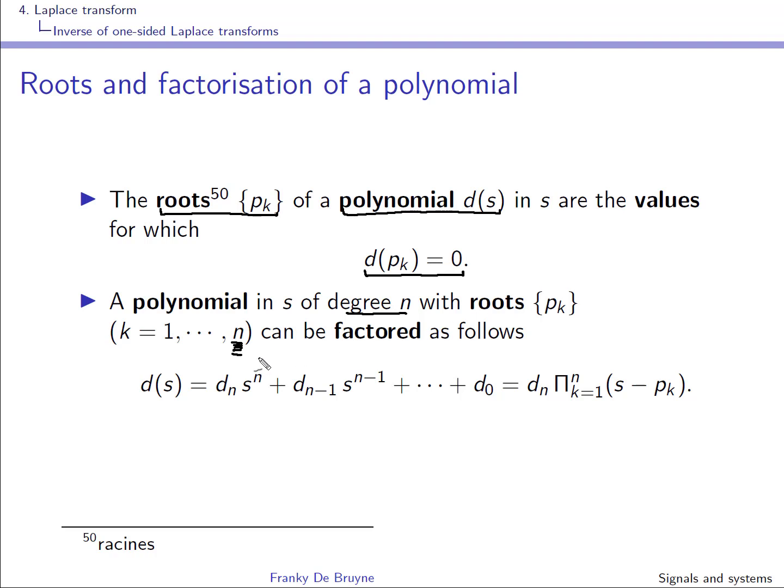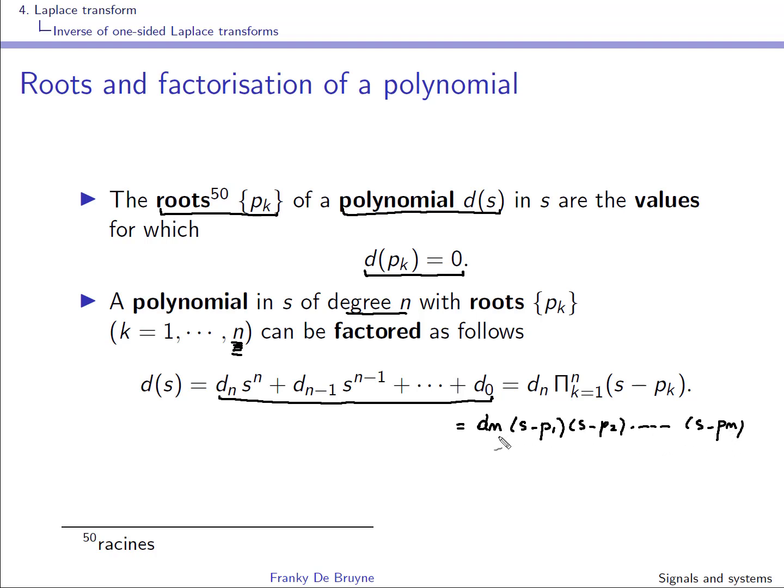And this denominator polynomial D(s) that takes this form in general, if you have the roots you can factor it as follows. I want to make sure that you see what I mean by this, so I will write it like this: s minus p1, s minus p2, up to s minus pn.